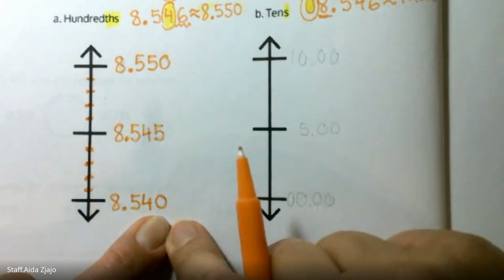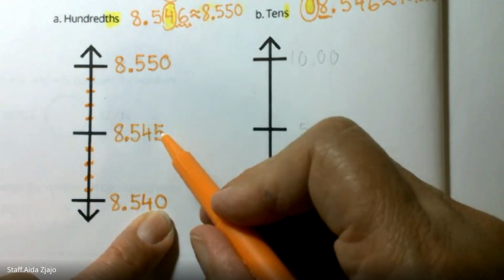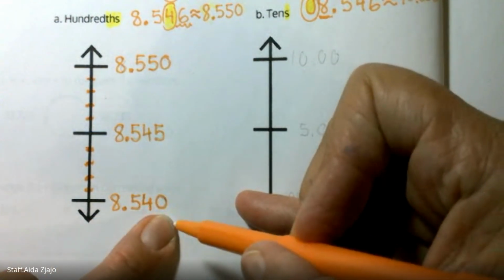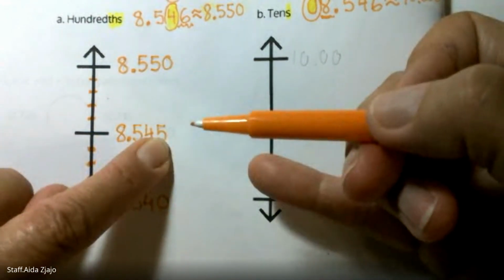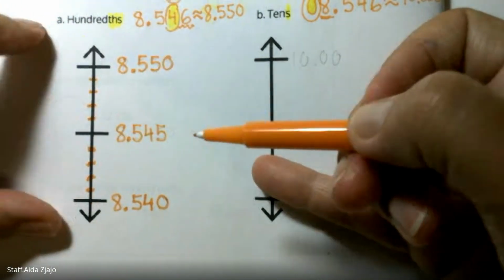So we have 0 thousandths, and in the midpoint 5 thousandths. So 8 wholes 540, 8 wholes 545, and then 8 wholes and 550 thousandths.